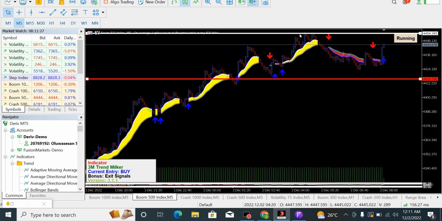So you can see here is a resistance zone and here is a support zone. A support and resistance zone can be drawn either horizontally or in a slant way. It all depends on the shape, on the movement of the market. Here is a horizontal way of drawing a support and resistance zone.